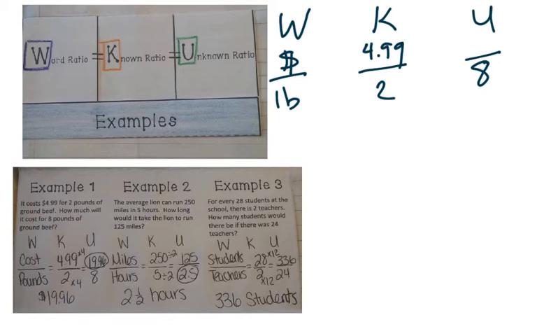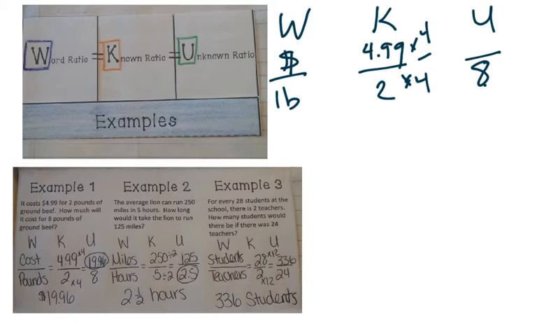So what I need to do here is look and say, how can I get from 2 to 8? So you would say, oh, I need to multiply 2 by 4. If you multiply your denominator by 4, you must multiply your numerator by 4. And this is the same thing as multiplying by 4 over 4, like I just showed you to get the equivalent ratios.